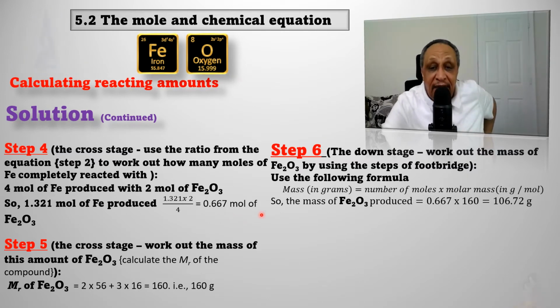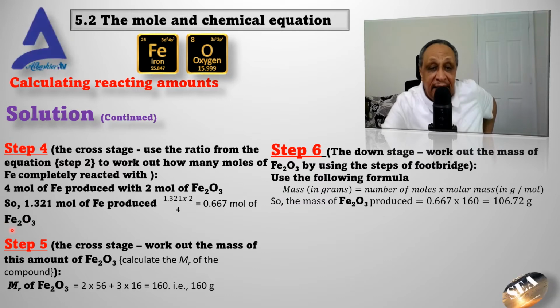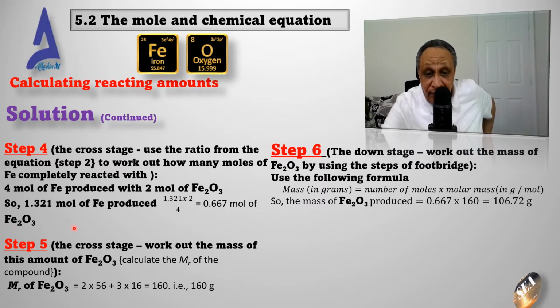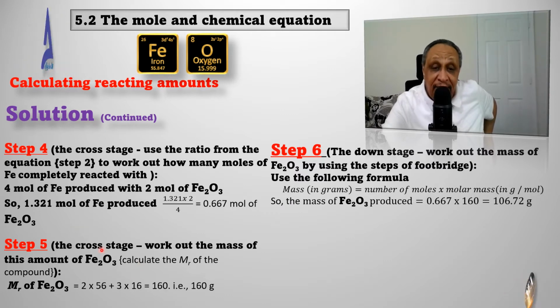6.667 of ferric oxide is going to be produced. Now I'm going to calculate the amount of this.